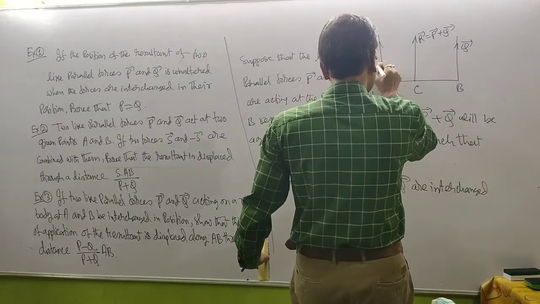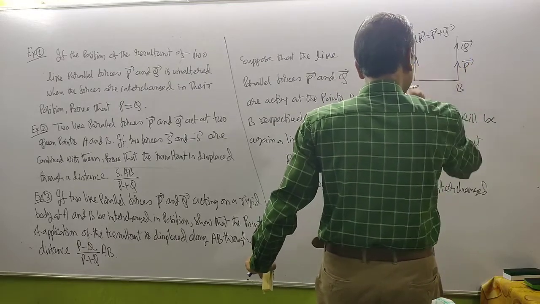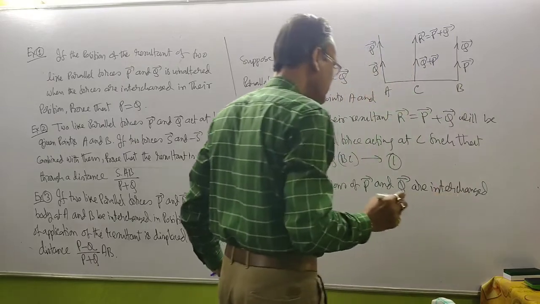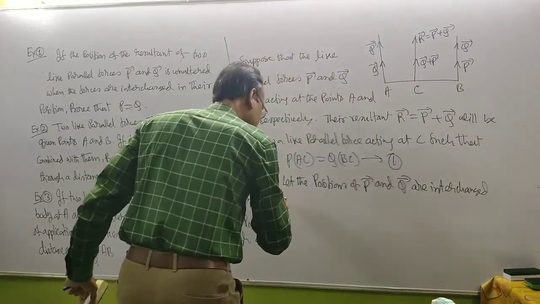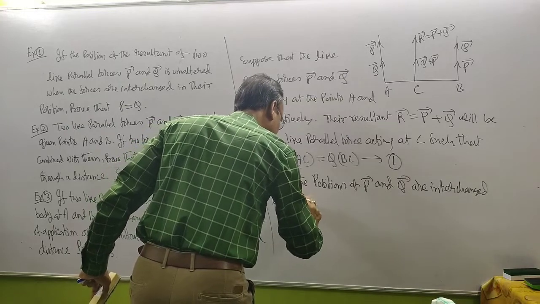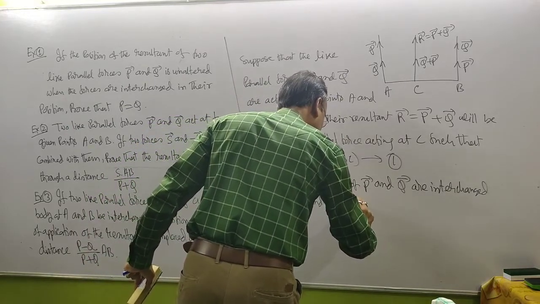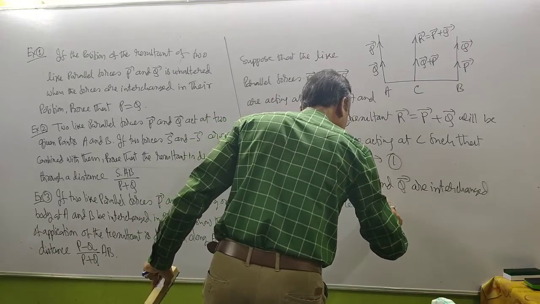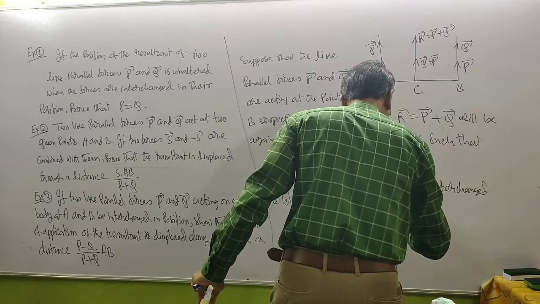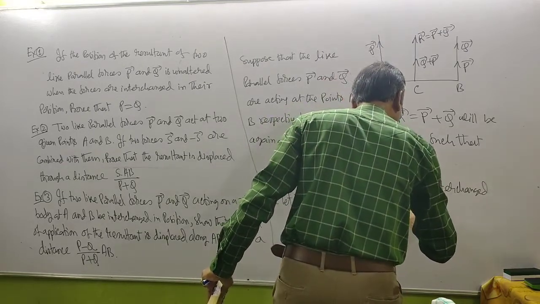Suppose Q is acting at A and P is acting at B, their resultant will be Q plus P. That is, P and Q are acting at B and A respectively.